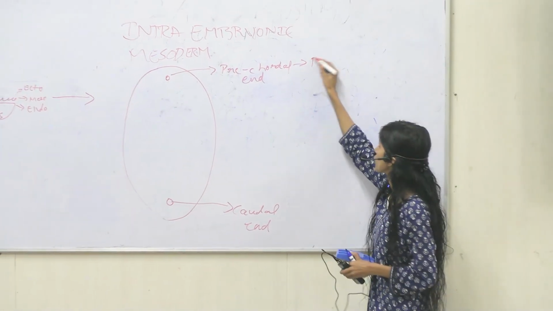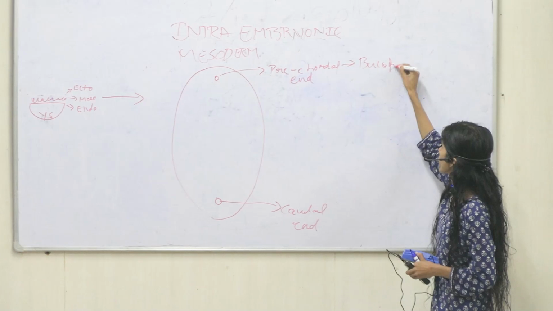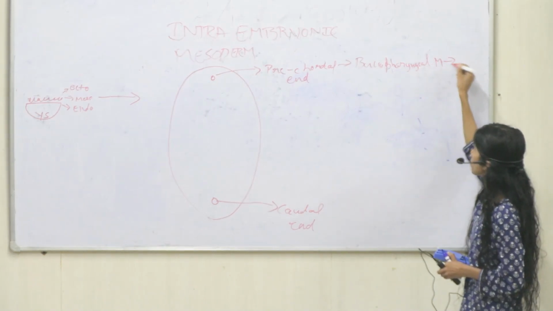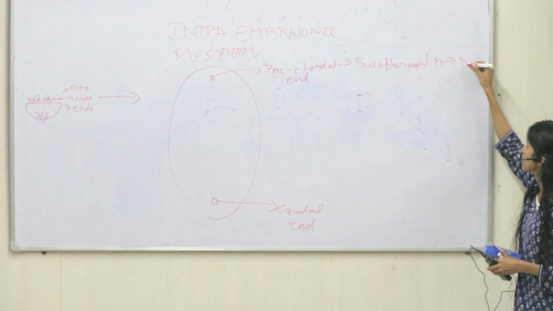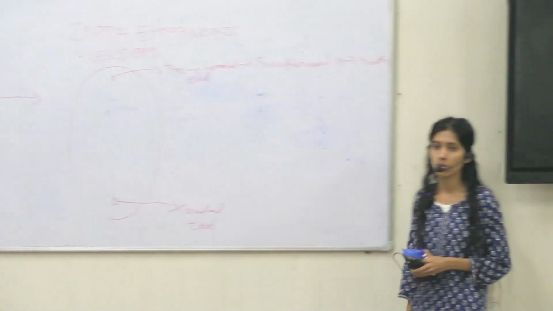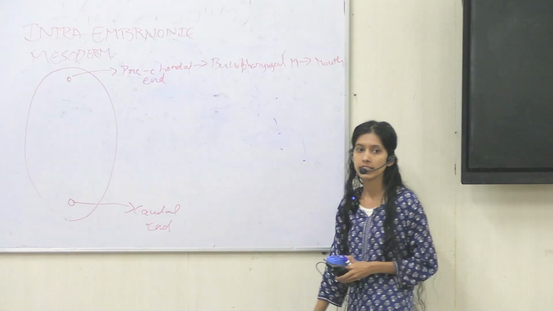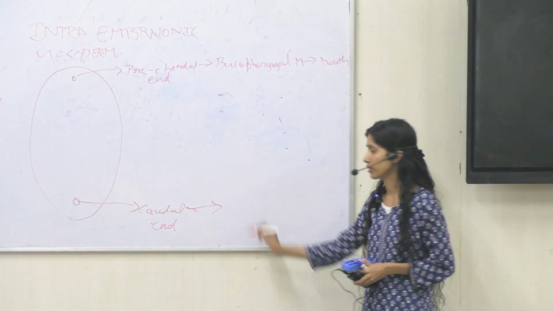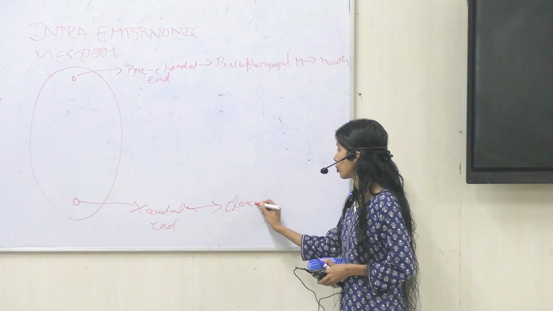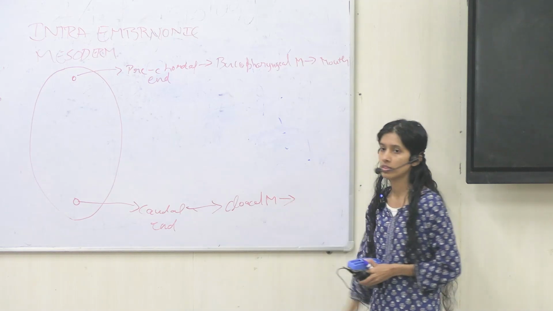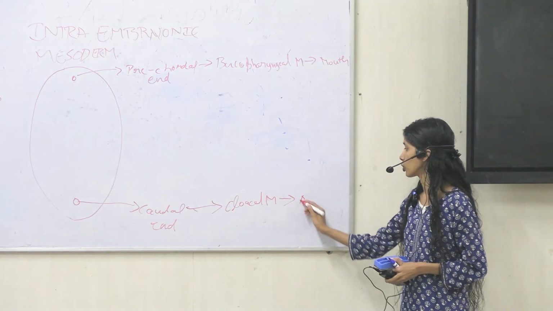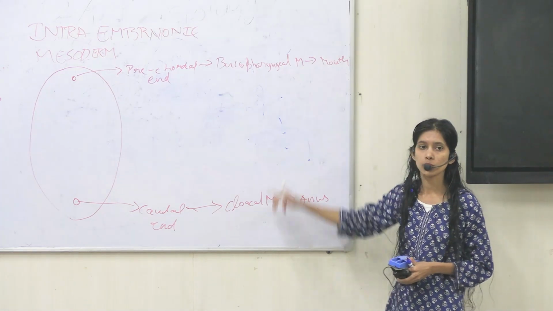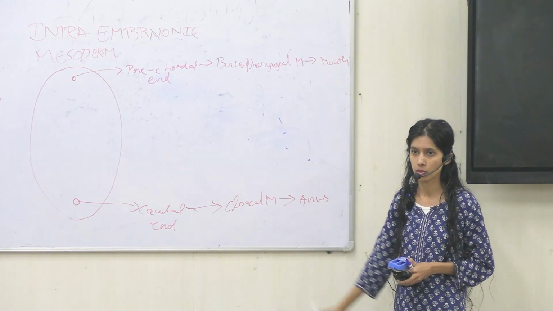It will give rise to your buccopharyngeal membrane, basically the mouth part. And this is the caudal end. Here we can see the development of the cloacal membrane, which will basically give rise to your anus part. So this is like from mouth to anus, the whole structure.